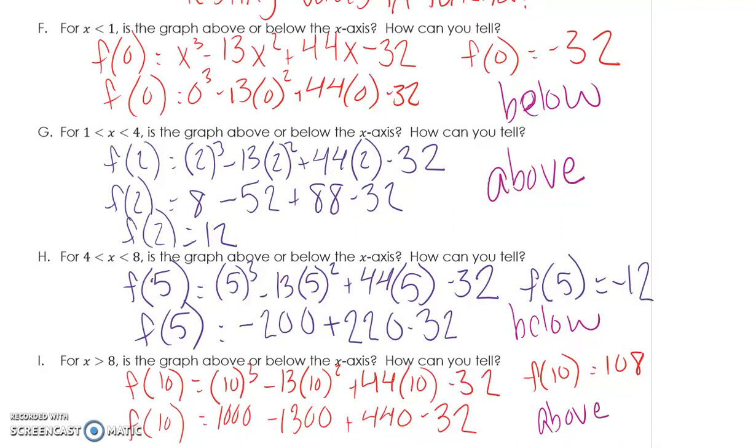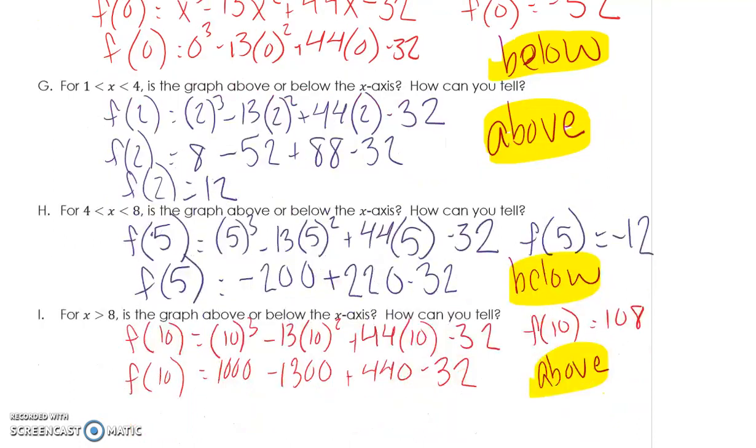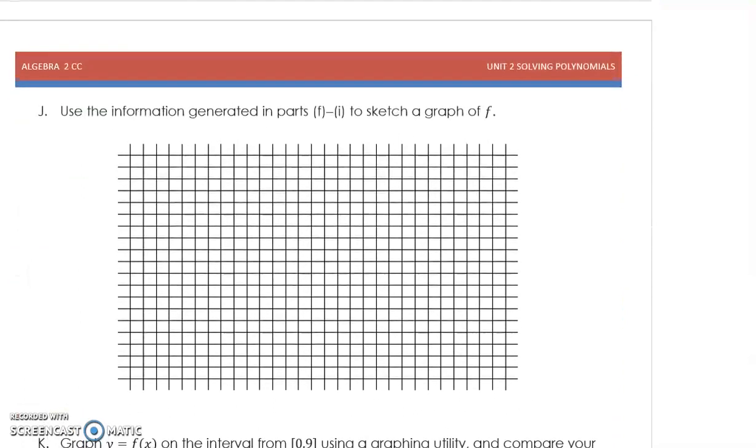So we're going to use all of these key pieces of below, above, below, and above to sketch a graph of this. So if we come down, I'm going to set up my axes. And you need to start with the x-intercepts.